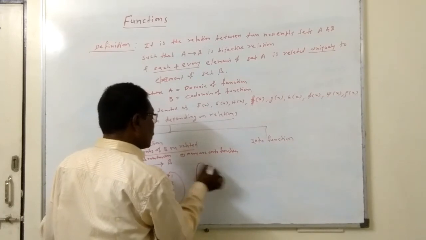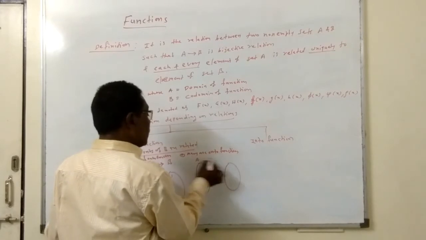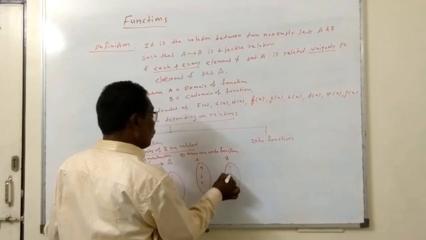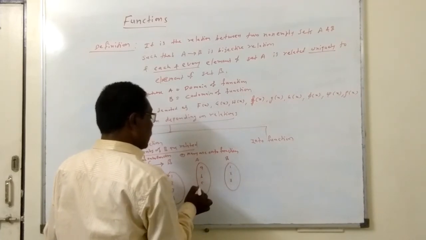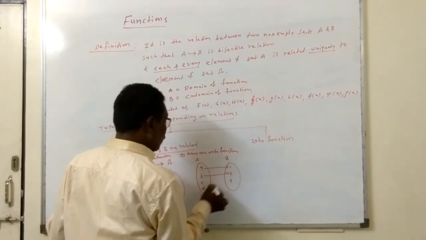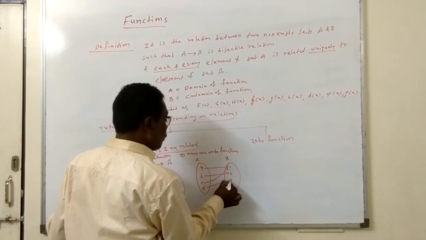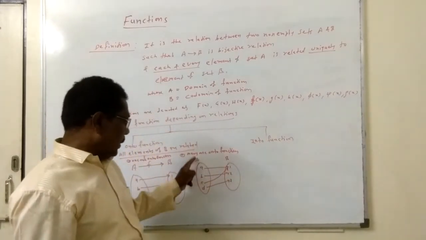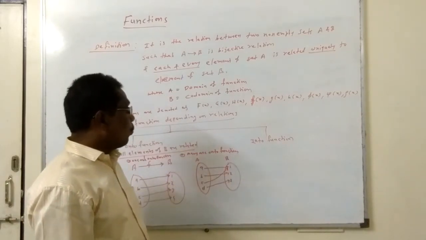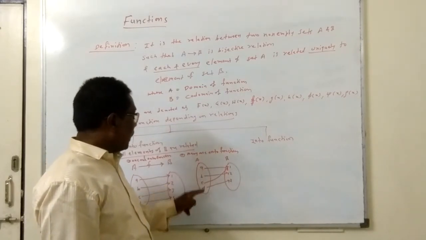So from this sketch, you will understand this. So this is the function here. So set A and set B. So A takes the values, suppose a, b, c, d, and B takes 1, 2, 3, etc. Now suppose a is related to 1, b is related to 2, c is again related to 1, and d is related to 3. So here, each and every element of A is related, but to the element 1 of B, more than one element of A are related, a and c.